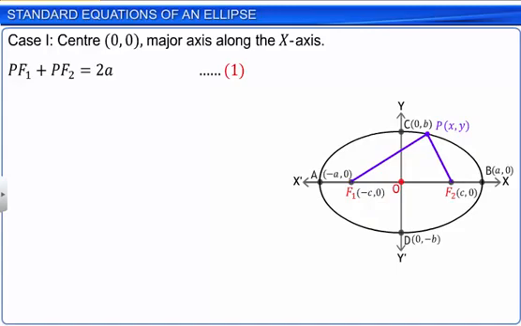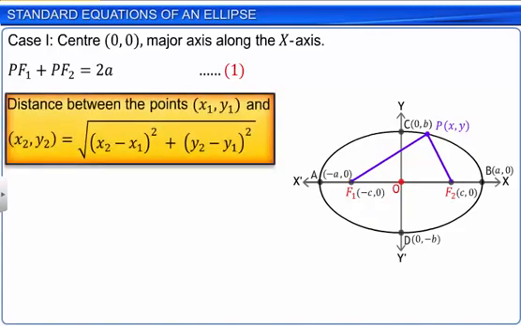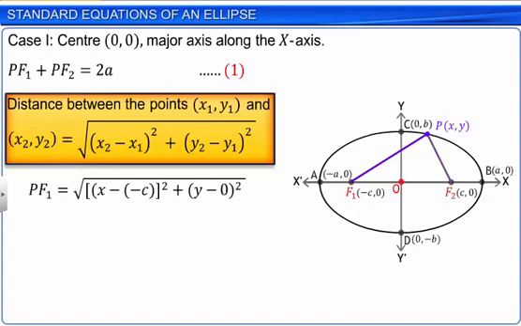We already know the formula for calculating distance between 2 given points. Using the distance formula, we get distance PF1 is equal to under root x plus c whole squared plus y squared.